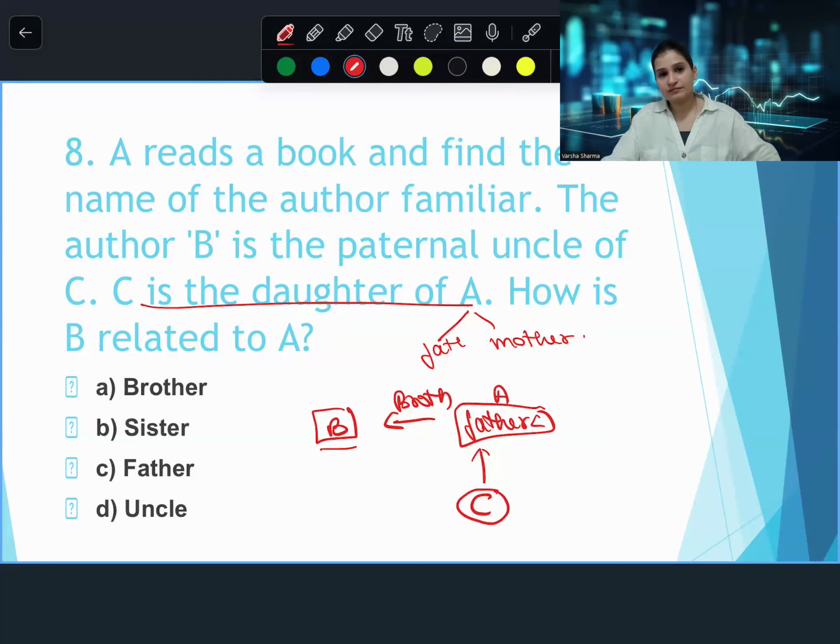Now B is the brother of the father. So how is B related to A? Brother. Everyone clear?